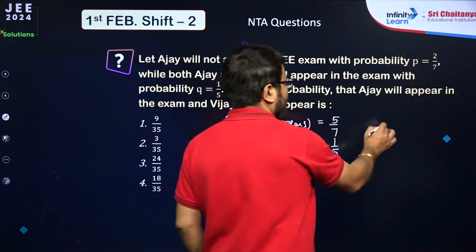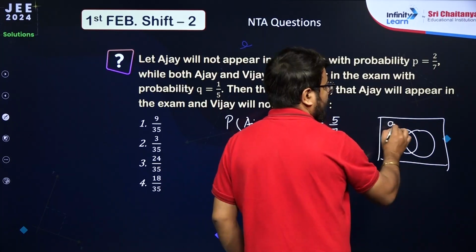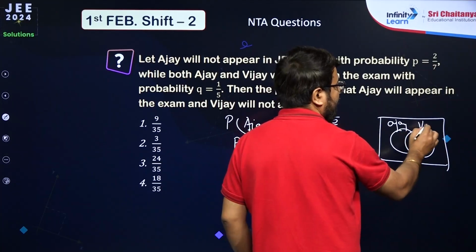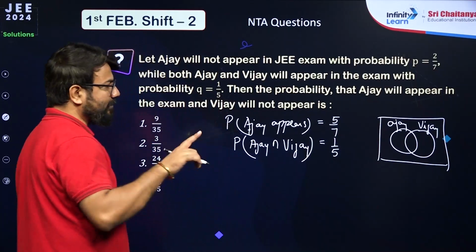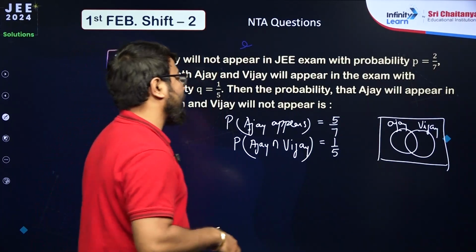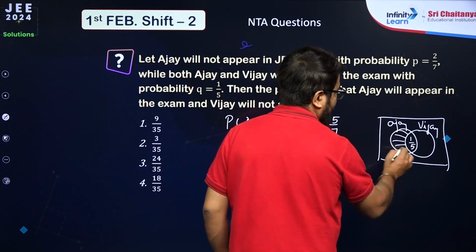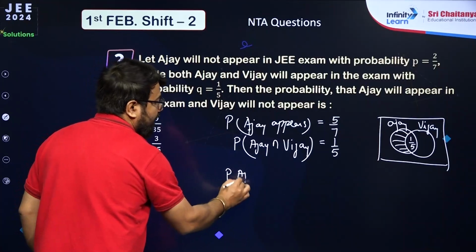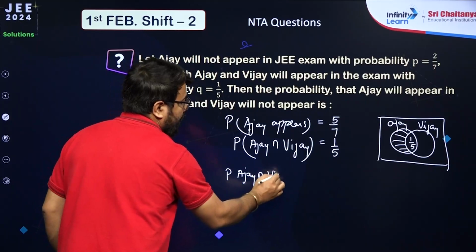So let us take the Venn diagram and let me explain with the help of that. This is the circle for Ajay and this is the circle for Vijay. In Ajay, it is completely 5 by 7 and here it is the intersection. Now they are asking for this region, that means they are asking for probability of Ajay intersection Vijay dash.